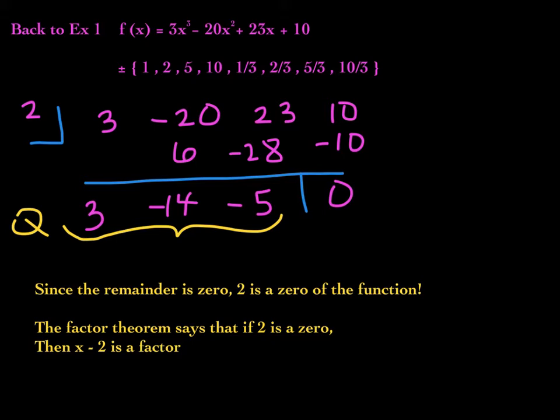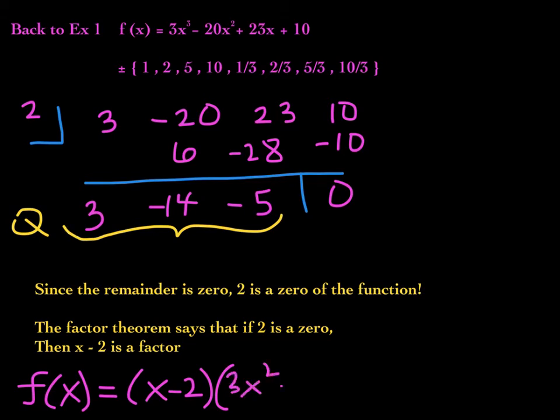So this is what we have so far, everybody. Our function can now be rewritten like this. x minus 2, that's because 2 is a 0, times this second degree polynomial. So it'll be 3x squared minus 14x minus 5.